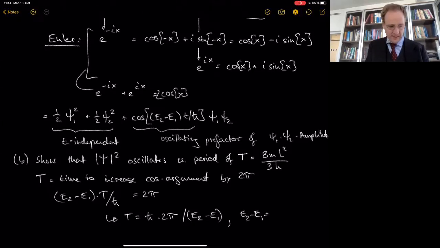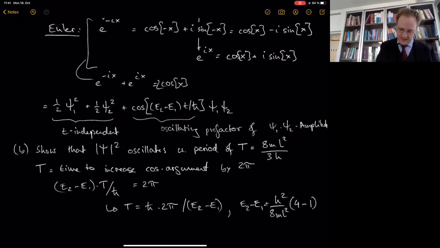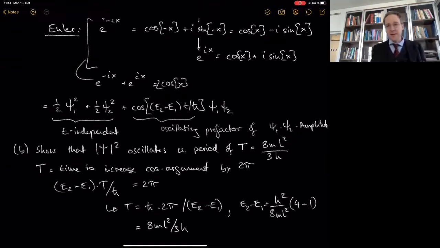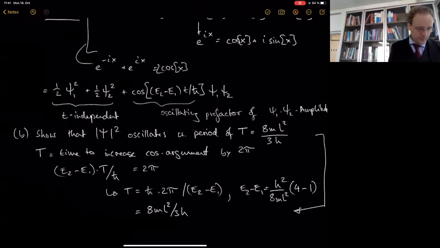E2 minus E1 is h squared over 8mL squared times 2 squared, which is 4, minus 1 squared, which is 1. So this is 3. If you substitute it, you get 8mL squared over 3h. The pi is in the h bar, so it cancels out, and we get exactly what was requested here.